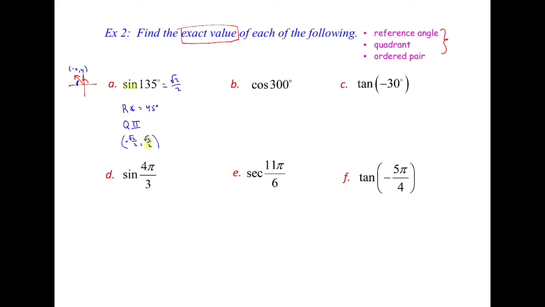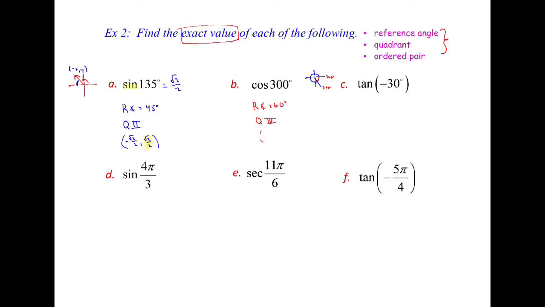All right. Cosine of 300. So 300, you have 90, 180, 270, 300 right there. What is that reference angle right here? Well, 360 is a full rotation. You've already gone 300 degrees, so what's that difference? 60 degrees. So your reference angle is 60. You can see that you're located in quadrant 4.